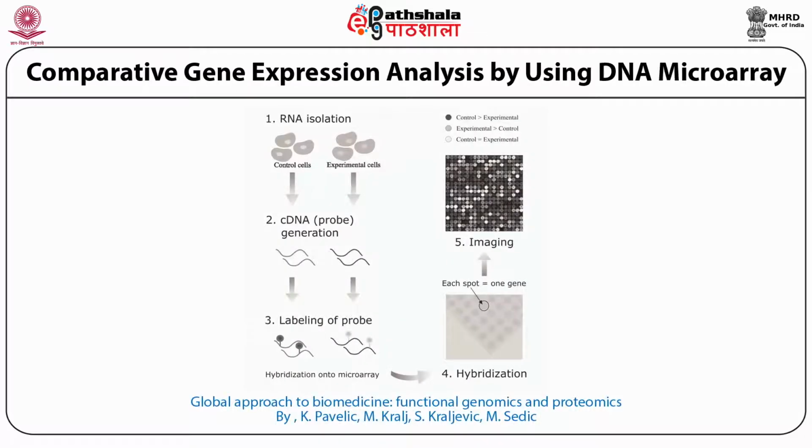We can see here the comparative gene expression analysis using DNA microarray technology. The RNA is isolated from two samples. One is the control sample and one is the experimental cell that you want to investigate. Then the cDNA is generated from the RNA and labeled with different probes for hybridization, and it is hybridized to the microarray plate.